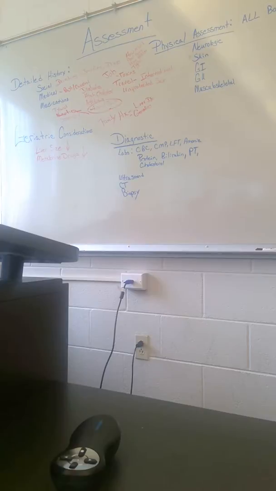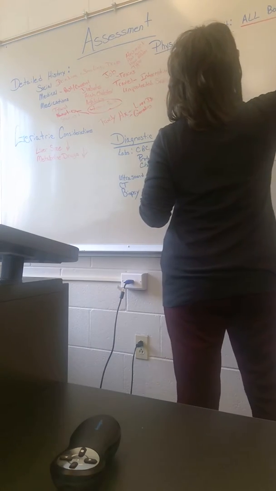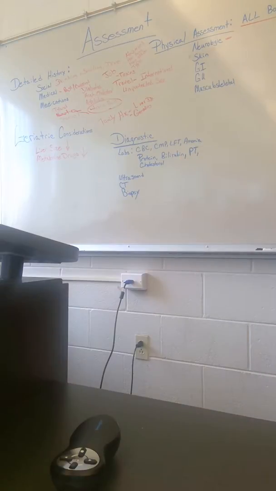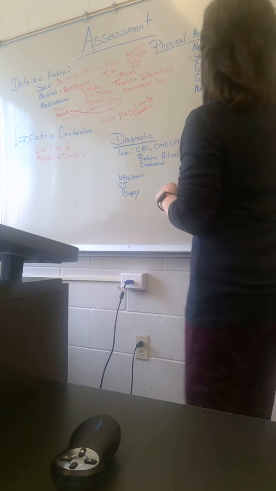So let's talk about the physical assessment. Remember I said this can cause problems in all body systems, right? So we can see neurological changes. What do we want to look for neurologically? Changes in their mental status, like whether they're alert, their level of consciousness.